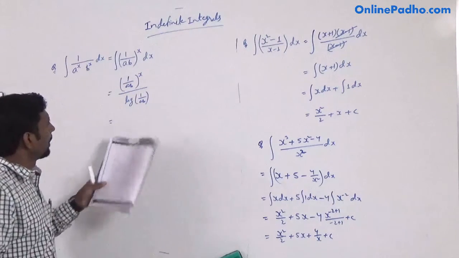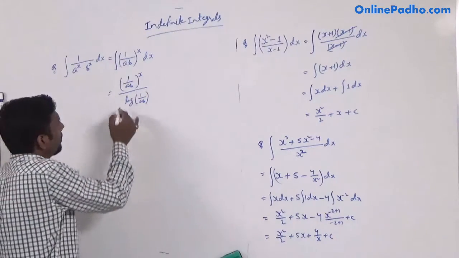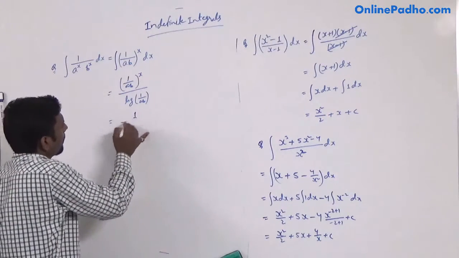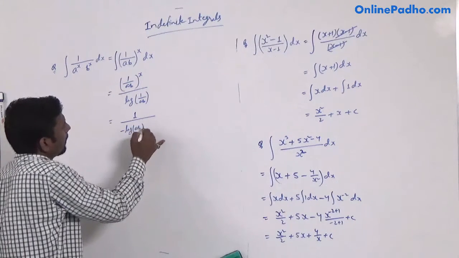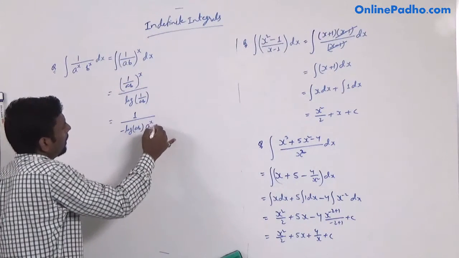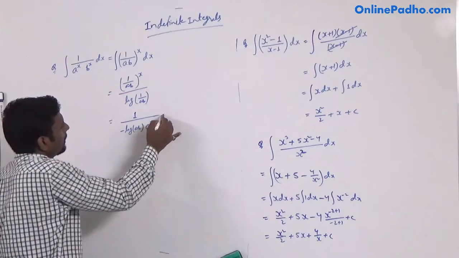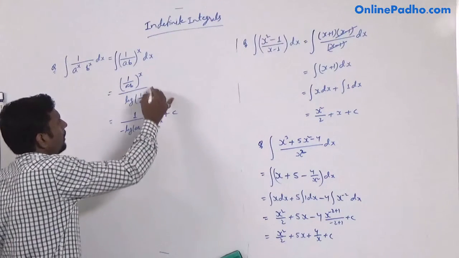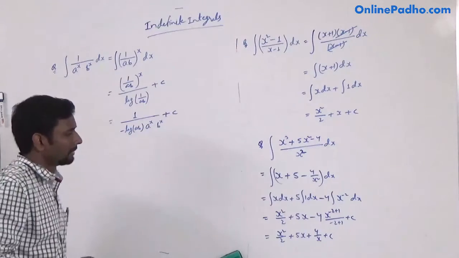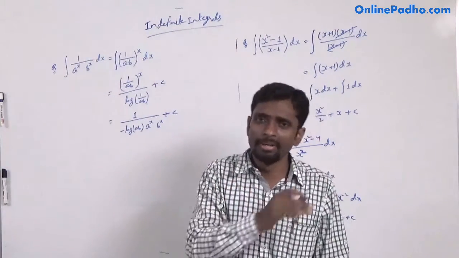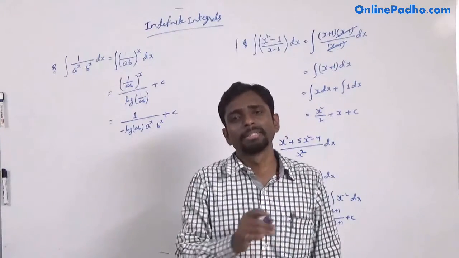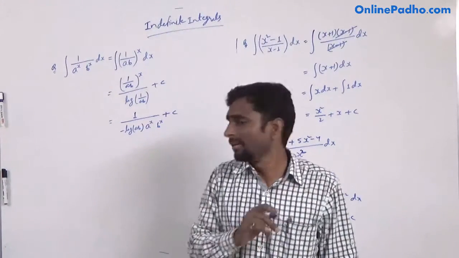Now, do you know log 1 by ab is minus log ab, so it can be written as 1 by minus log ab and a to the power x multiply b to the power x, right? This is the answer, plus c. We need to write plus c always, because c is the integration constant, and in indefinite integrals we must write plus c.